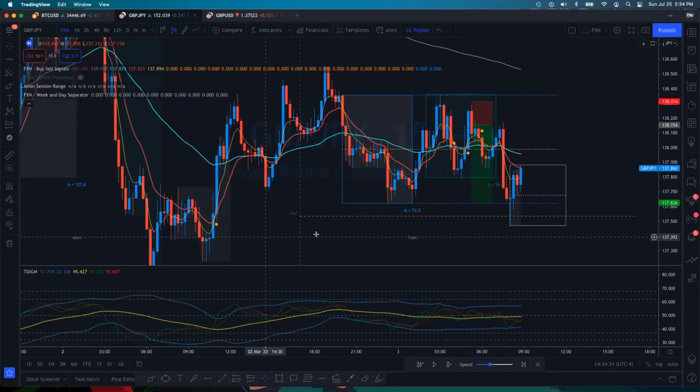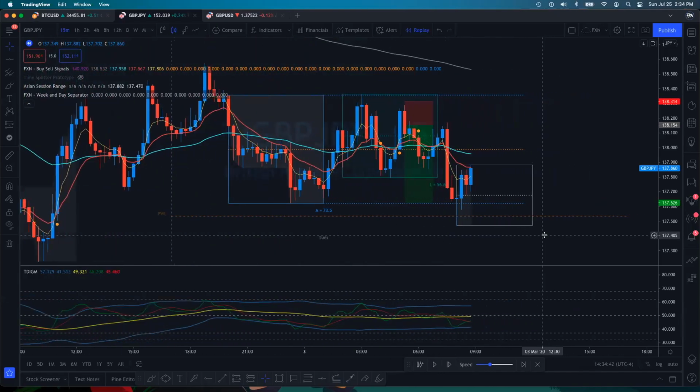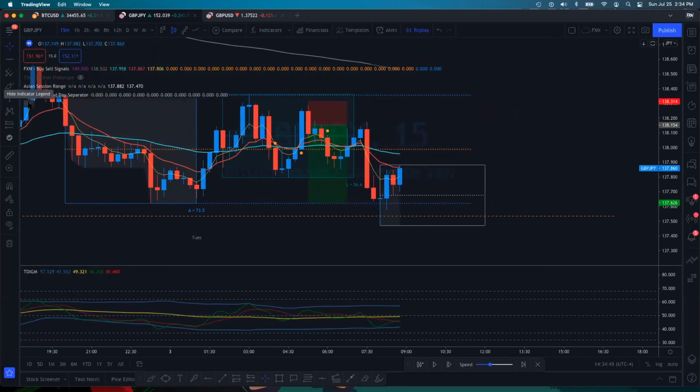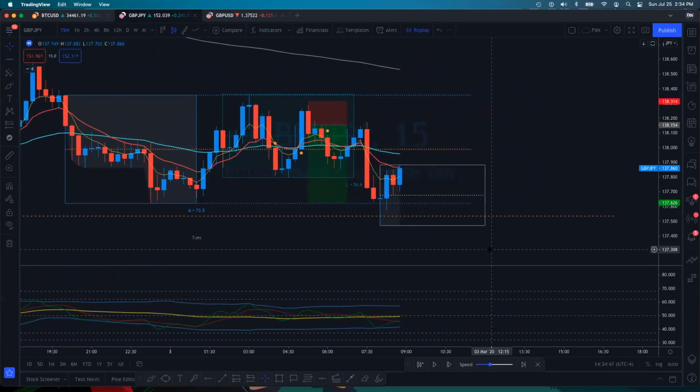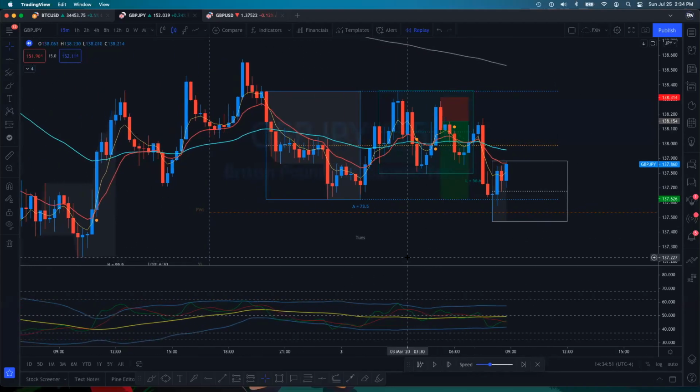Spiked to the previous week's low, which is here. You see that? So does everybody see how I got to this trade? Or do you not understand how I got to that trade?